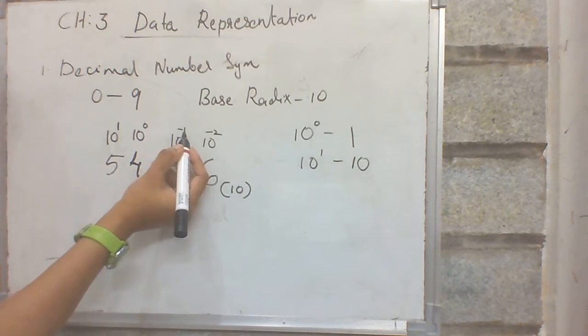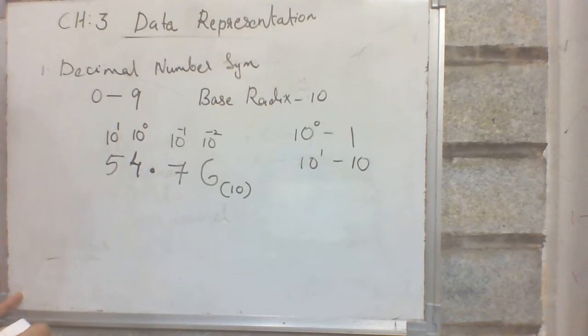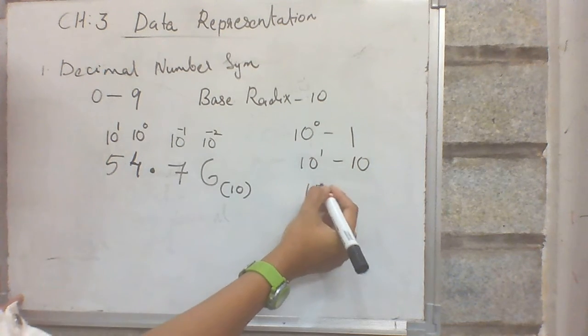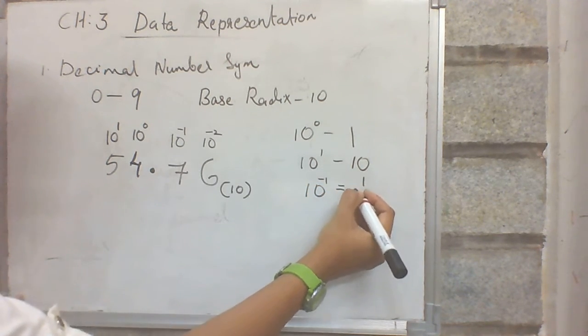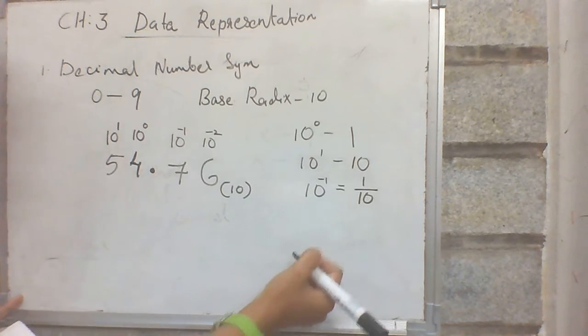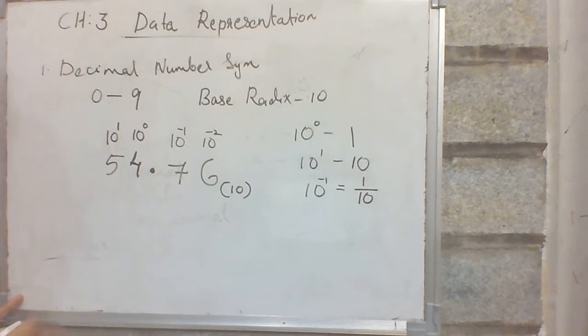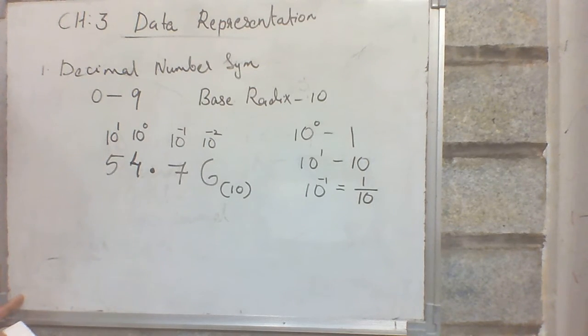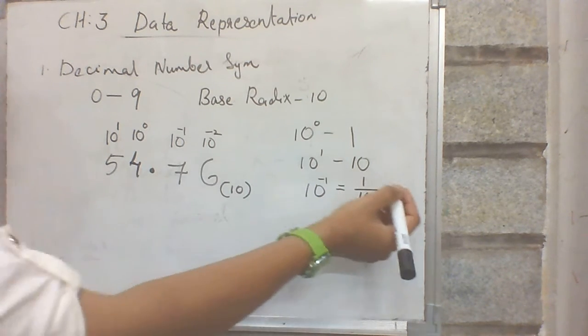What is the value of 10 to the power minus 1? 10 to the power minus 1 is equal to 1 divided by 10, which is 0.1.